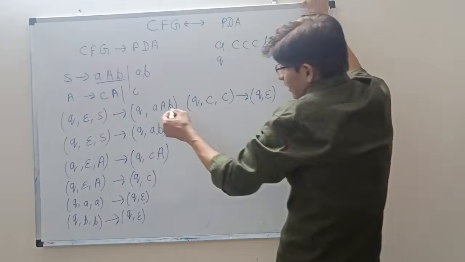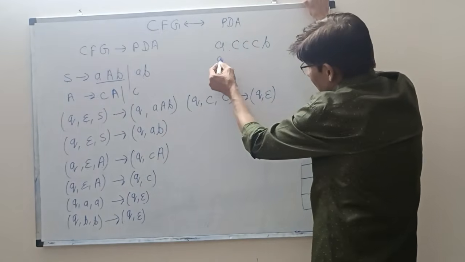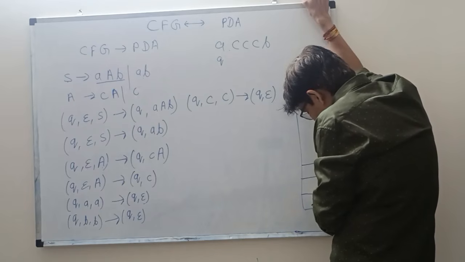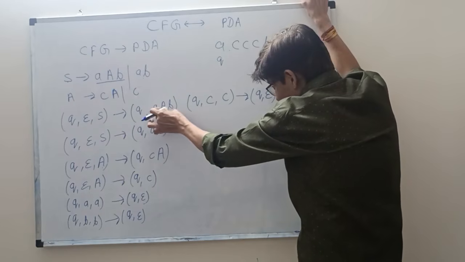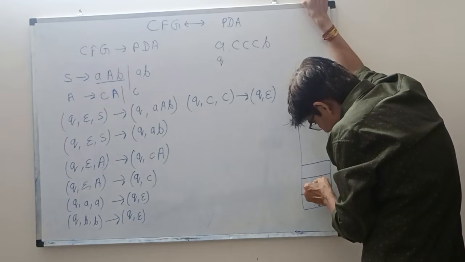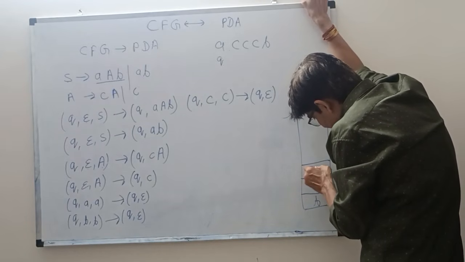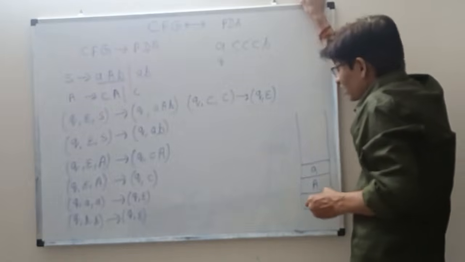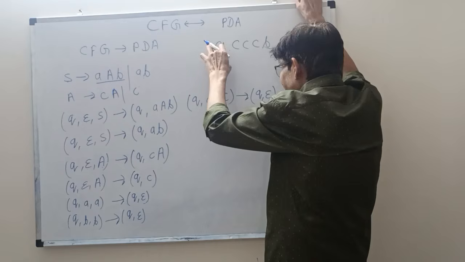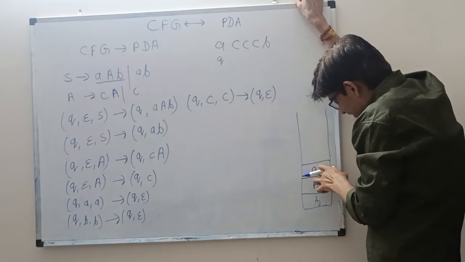So I will stay in q. I will pop this S from here, and I will push this string in reverse order into the stack. So this B, A, and A. Now you can see I'm in q, I'm reading a, and the stack top is a again.